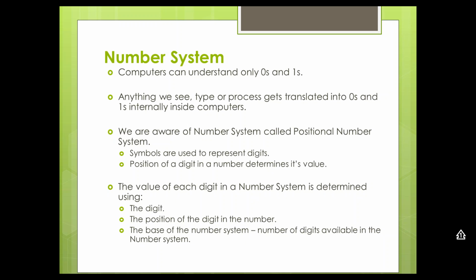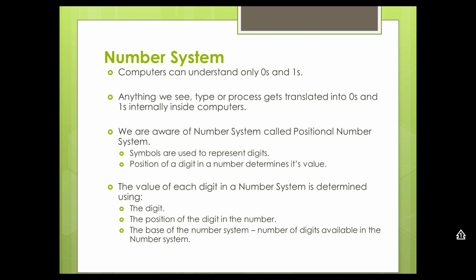In our day-to-day life, the number system we are aware of is the decimal number system. It is called a positional number system, and it has a couple of things. One is that we represent numbers with symbols, which represent digits in any number system.